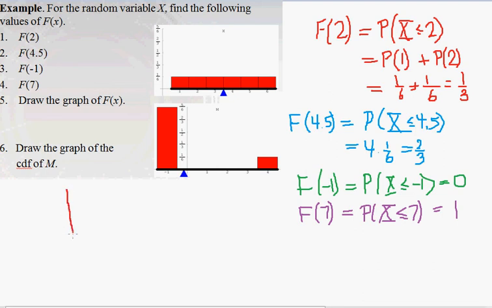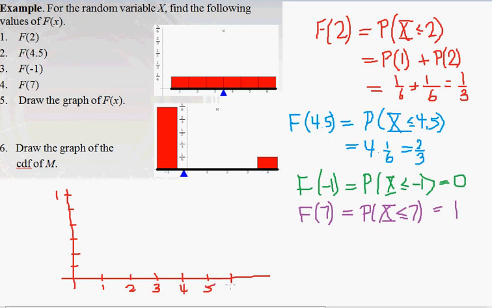Okay, so let's do that down here, and let me try to carefully draw this. So there's 1, 2, 3, 4, 5, 6, and over here 1/6, 2/6, 3/6, 4/6, 5/6, and 6/6, which is 1.